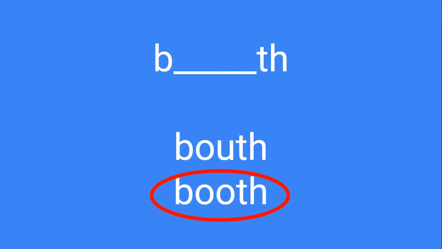If you said B-O-O-T-H, you are correct, right? The OU is not going to make the oo sound here. So to help you with spelling words with the oo sound, remember that OO and OU are typically the ones you'll find in the middle of a word for the oo sound. And EW and UE, you're typically going to find at the end of a word to make the oo sound.